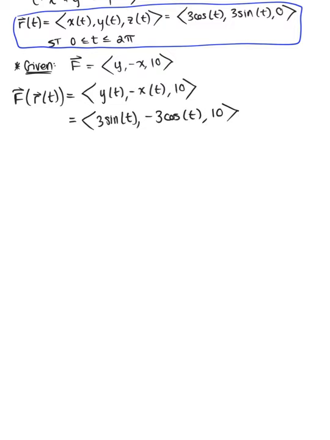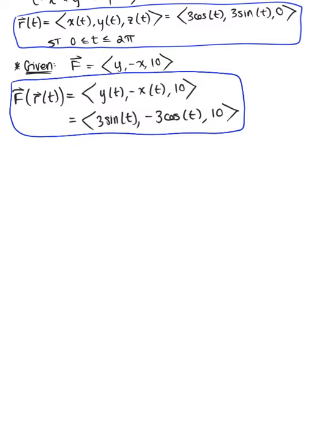So now the last thing that we need to do is find the tangent vector. So again, we're just differentiating what we found above. So r prime of t is going to be equal to the derivative of 3 cosine of t is minus 3 sine of t.